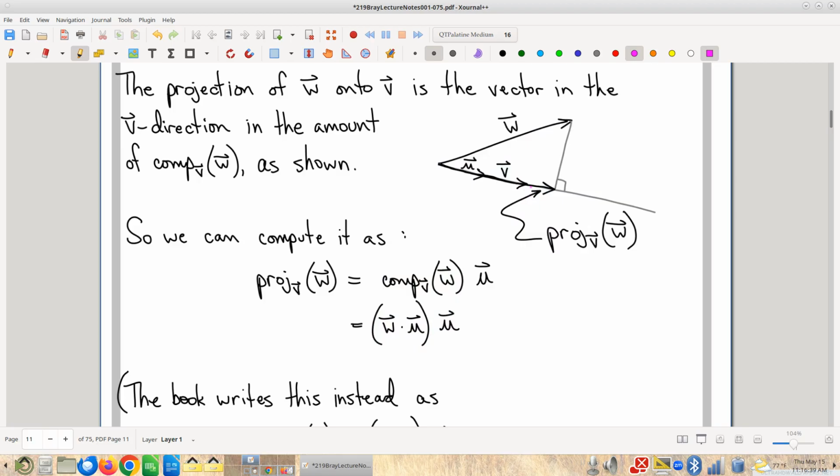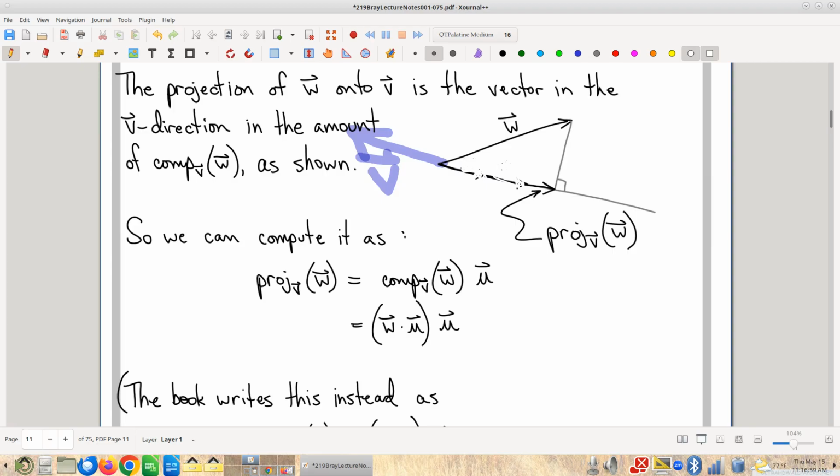If I understood you correctly, you're asking what if V points this way? Just to avoid confusion, let me get rid of this, and of course U no longer is like that.